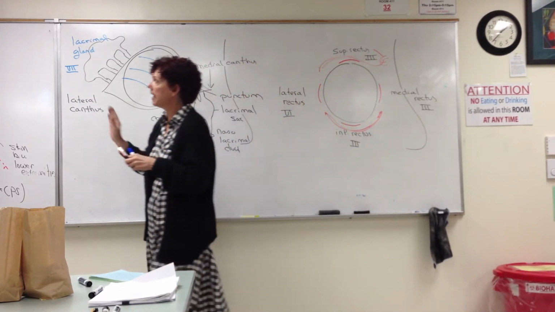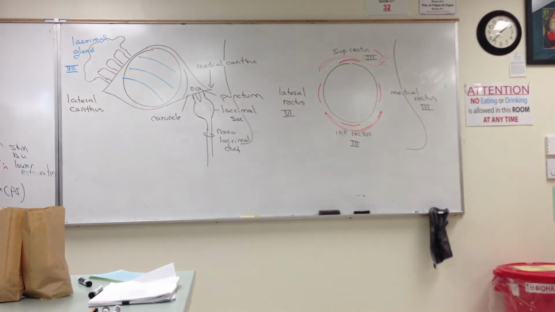So superior oblique is going to grab the eyeball from here and rotate it down and out. And inferior oblique is up and out. So looking up here, just using one muscle would be inferior oblique. Looking down here, just using one muscle would be superior oblique.